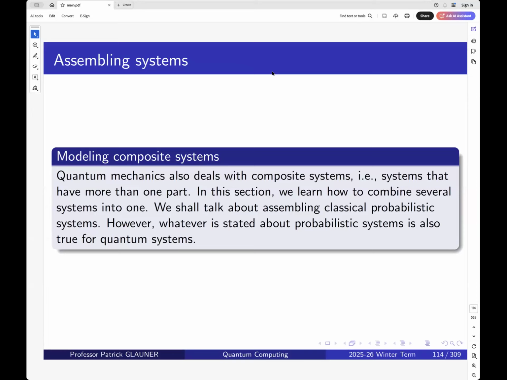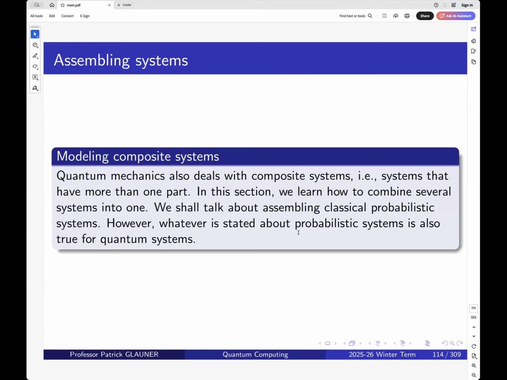So we have multiple systems and we need to aggregate them into a composite system. So we assemble eventually larger systems, or we build composite systems. We will discuss this now, how we can combine several systems into one. We will work in these examples with probabilistic systems. And all the math we do for probabilistic systems works exactly the same for quantum systems, where we just use complex numbers.